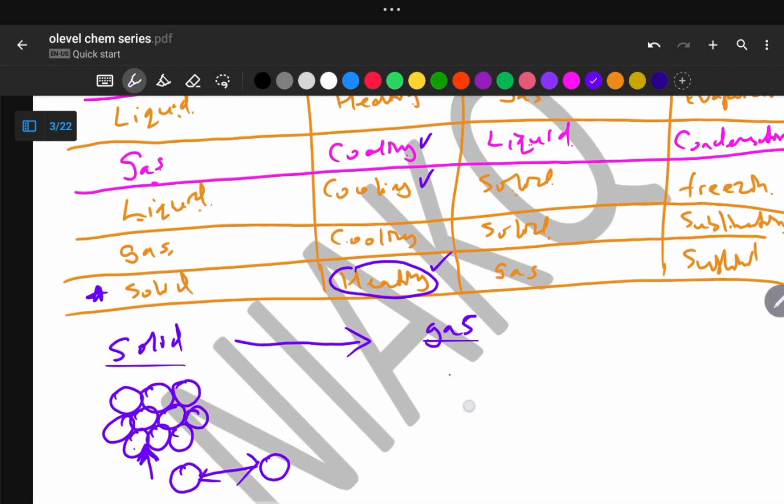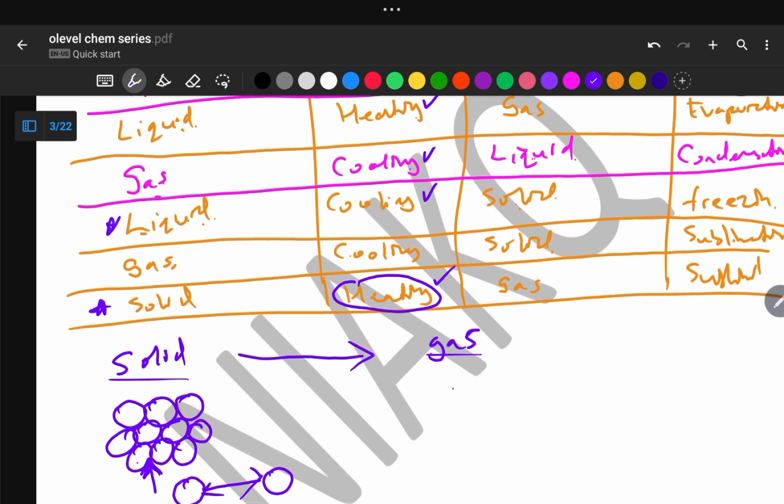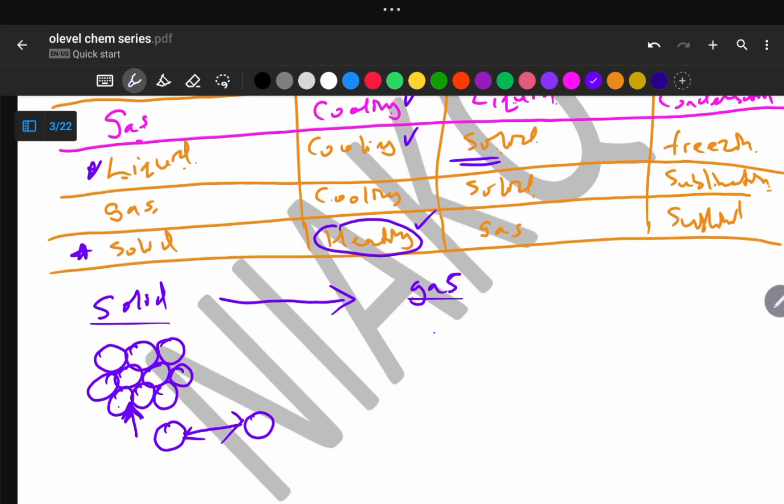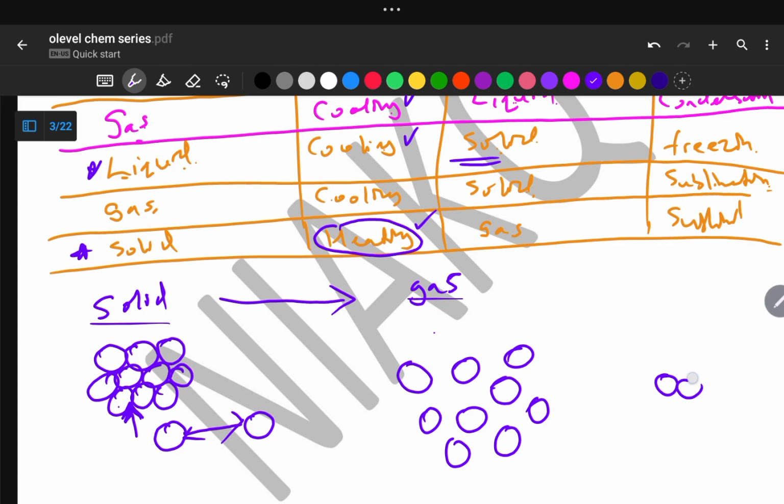But let's say we are having this one from liquid to solid. So from liquid, the particles in the liquid, they are slightly closer to each other, right? So these are the particles within the liquid, and then you want them to be in the solid phase. So in the solid phase, the particles are closely, tightly packed together, right?